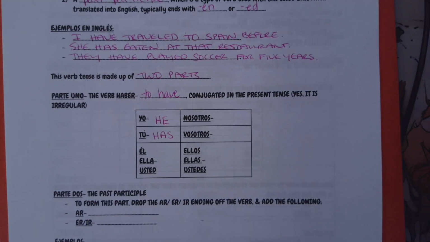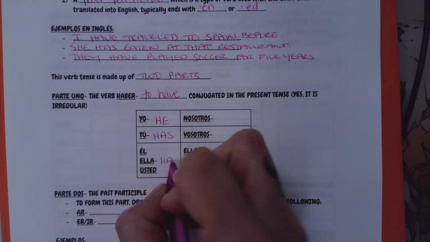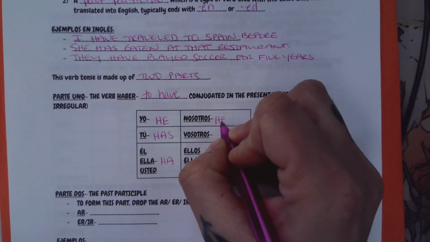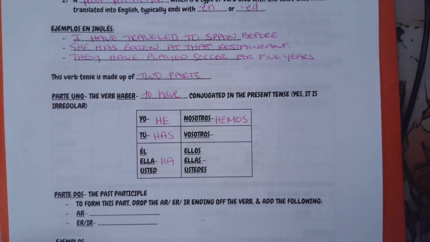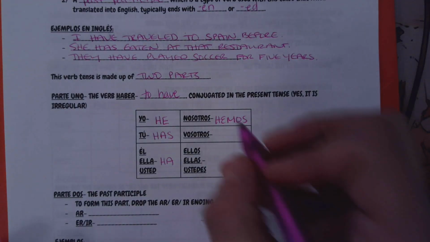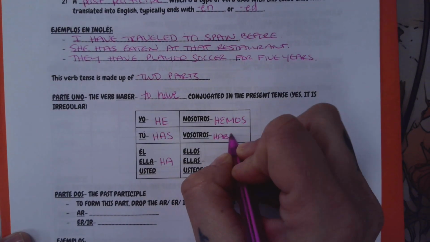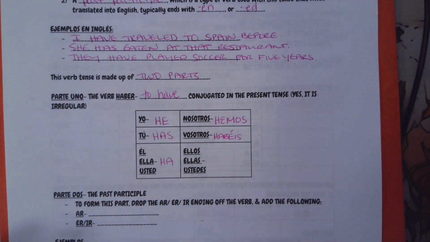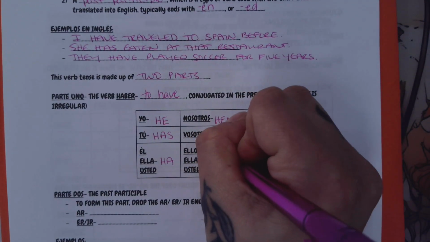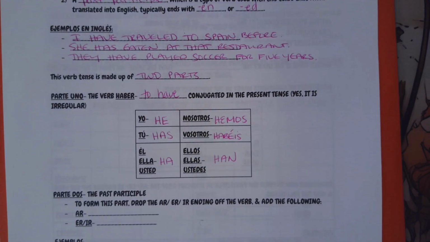Our él, ella, usted form is ha, spelled H-A. Our nosotros form is pronounced hemos, H-E-M-O-S. Again, it's pronounced as hemos. Our vosotros form is pronounced as habéis, spelled H-A-B-E with an accent, I-S, habéis. And then our ellas, ellos, ustedes form is pronounced as han, spelled H-A-N.